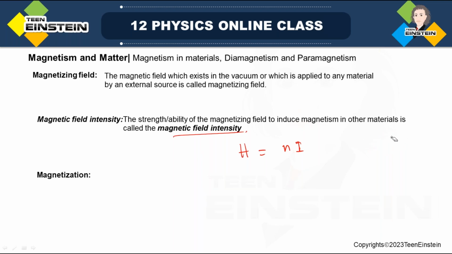Then what is the relation between B0, which is the magnetizing field, and magnetic field intensity?